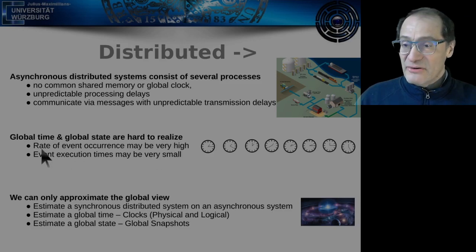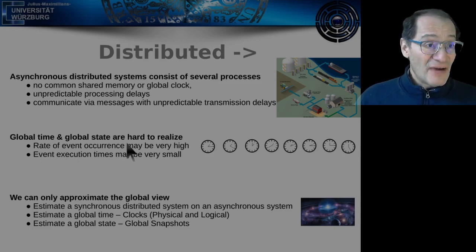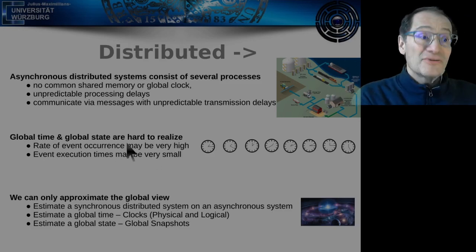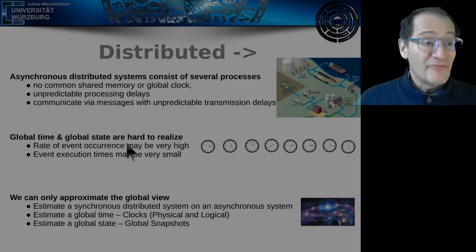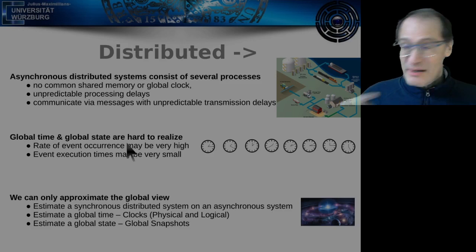It is even more difficult if the rate of events is very high. Events are very fast, so the state of different computing nodes and processes changes faster than we can merge it to have a global view.